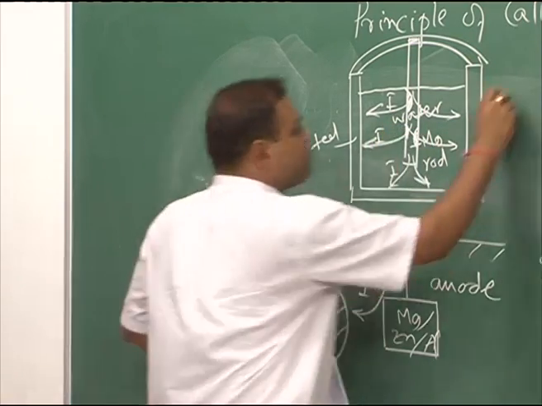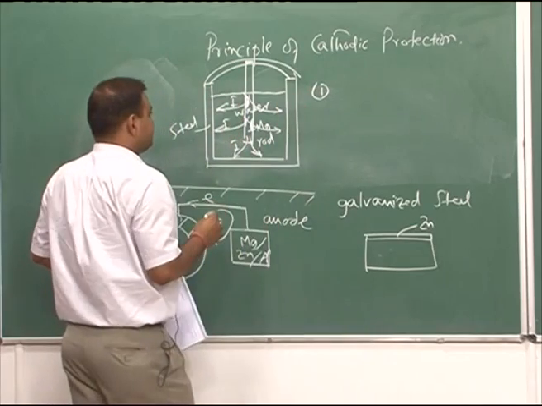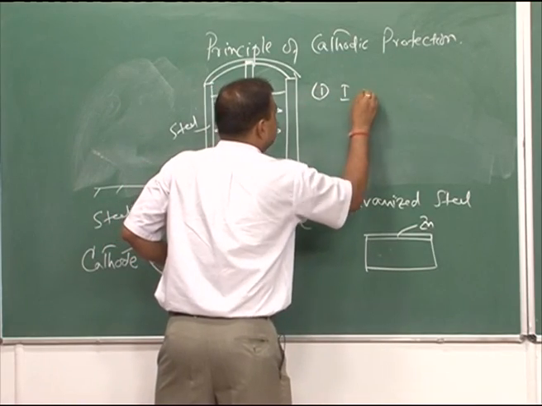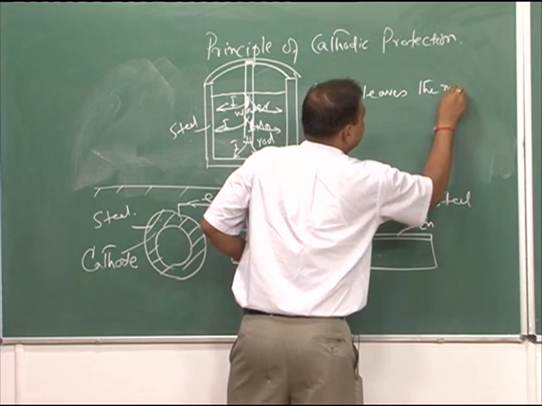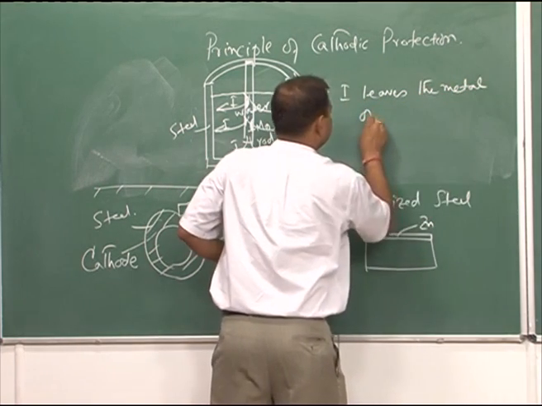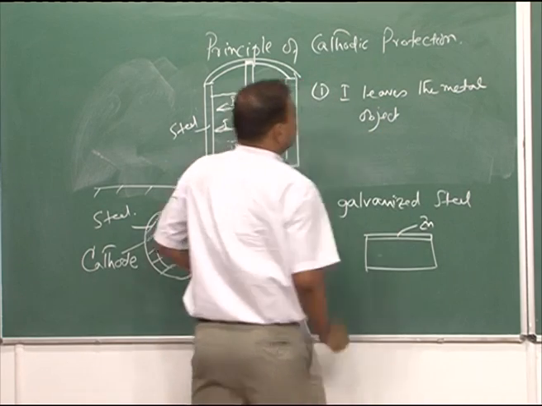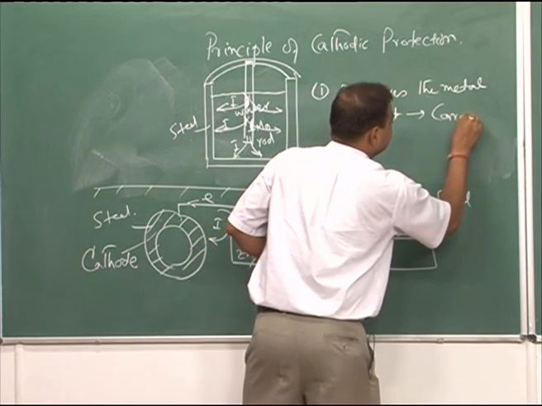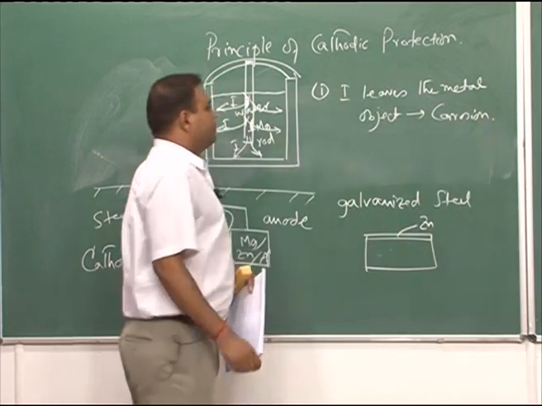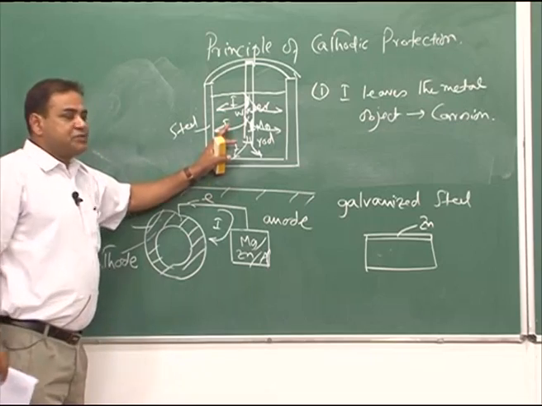There is one more point you should remember: when the current leaves the metal object, that point is vulnerable to corrosion.